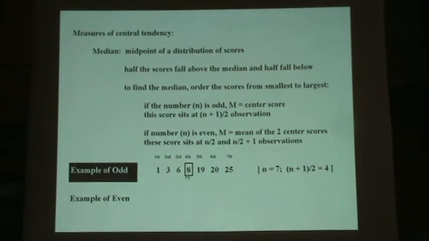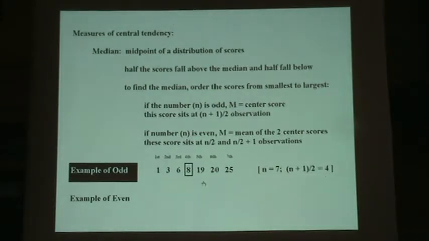So we can locate the median, if the number of scores is odd, by arranging the scores from the smallest to the largest. Then we take the number of scores, 7, plus 1. So 7 plus 1 is 8. And if we divide 8 by 2, we get 4.